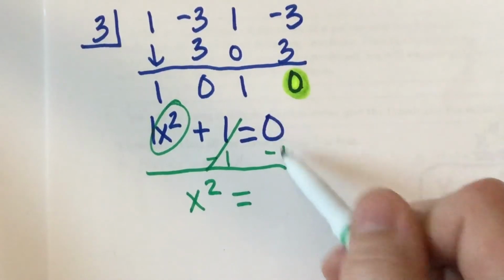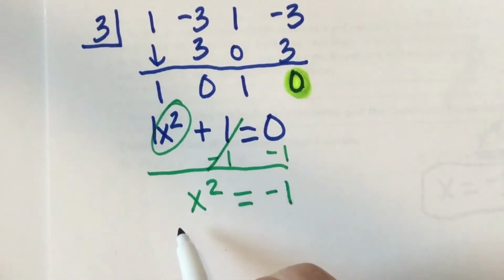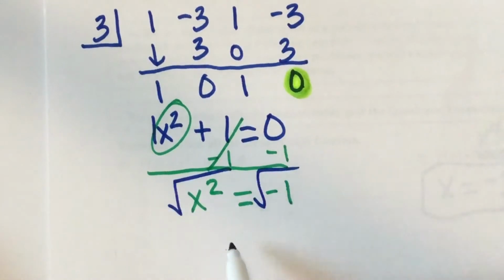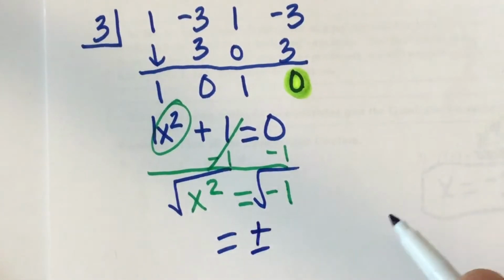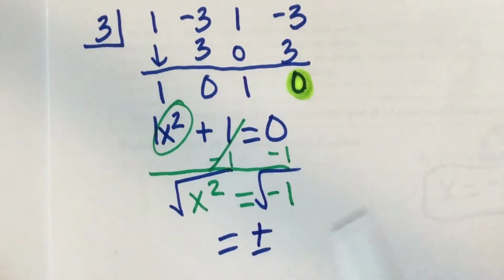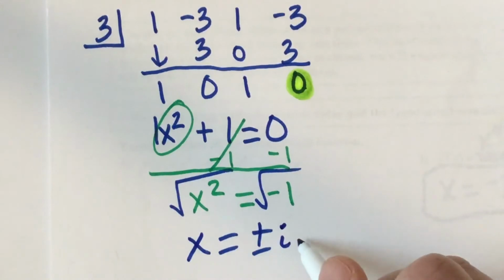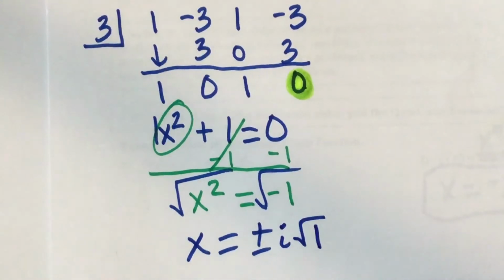And then 0 minus 1 is negative 1. And then to get rid of the squared, I'm going to square root. Remember, the minute you square root, slap down that plus minus. That's what gives you the second and the third answer. So over here, the squared and square root cancel, leaving x. And do you remember who takes that negative out of the square root? i does. And then you're left with a positive square root of 1.